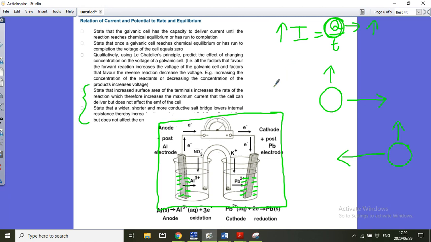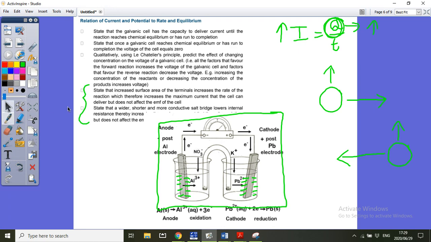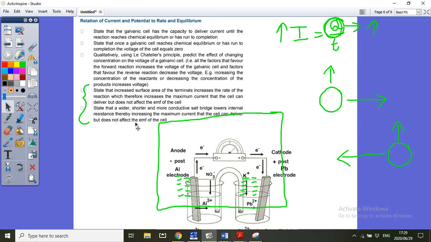If there's less internal resistance or any resistance, then you know that it's easier for the electrons to flow, like you always use in current electricity as well. Less resistance, higher current. But again, it will not influence the EMF of my cell. And that is important.